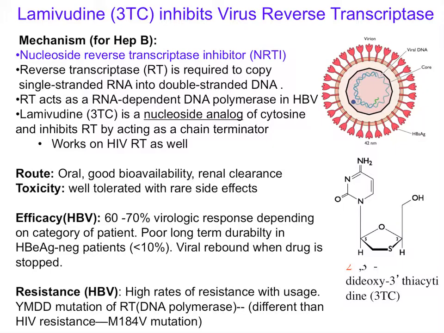And for that reason, it's not a drug that is going to necessarily lead to sustained viral clearance. And you really have to think about your goals of therapy when you use this drug in terms of trying to achieve some level of viral suppression or simply halt progression of additional liver enzyme elevations or hepatitis.